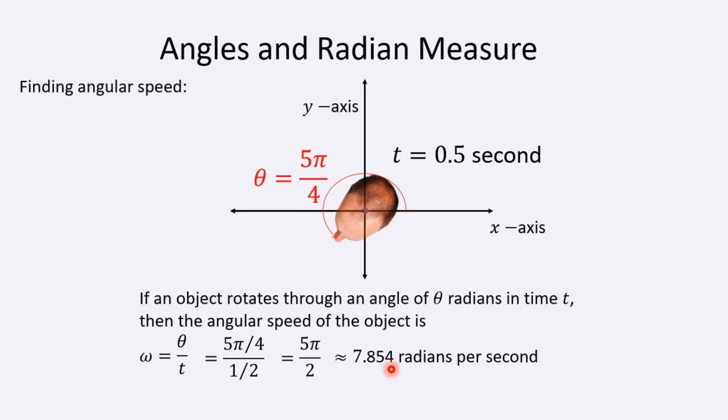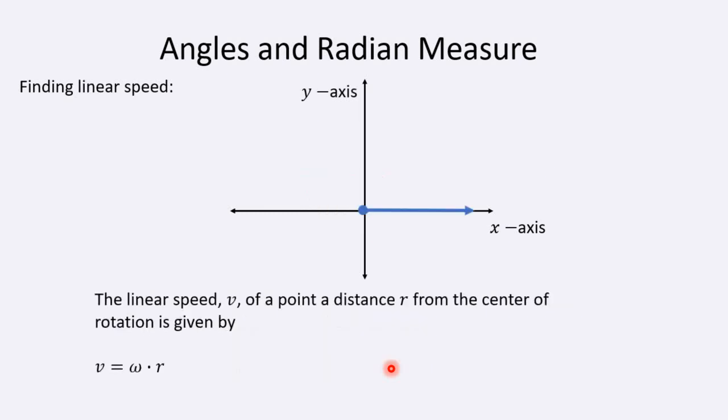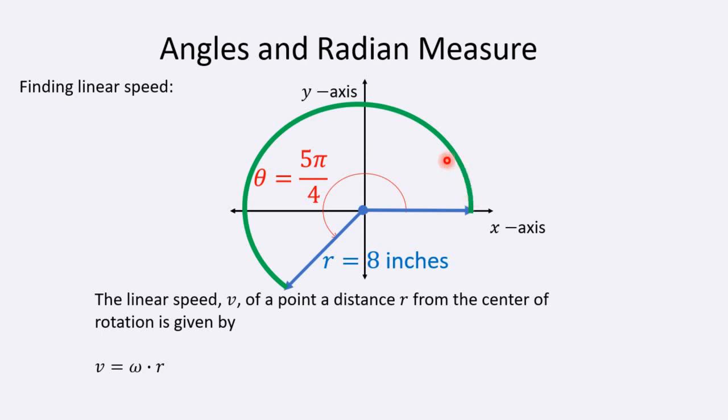Now, angular speed can translate into linear speed. Linear speed has to do with how fast a point is moving on an arc. So basically, if you have a radius and that radius is spinning through a certain arc, on that arc, there's actually a distance being traversed.